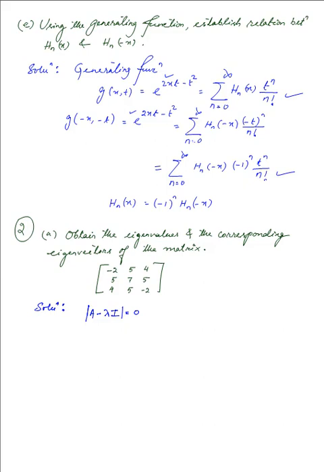Here A is that matrix, and A minus lambda I, where I is the identity matrix, the diagonal matrix, has minus lambda in the diagonal terms. So we have -2 minus lambda, 5 and 4, 5, 7 minus lambda, 5 and 4, 5, -2 minus lambda.